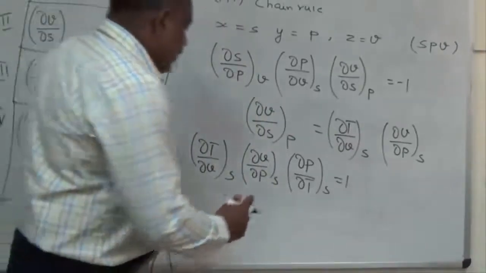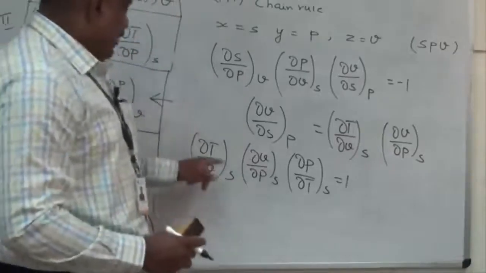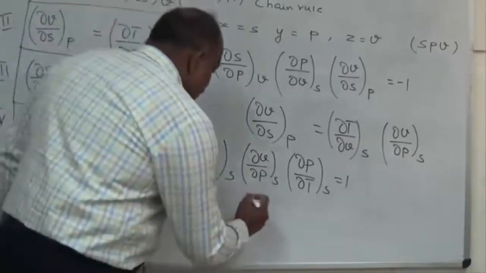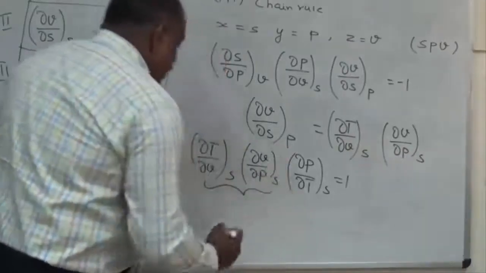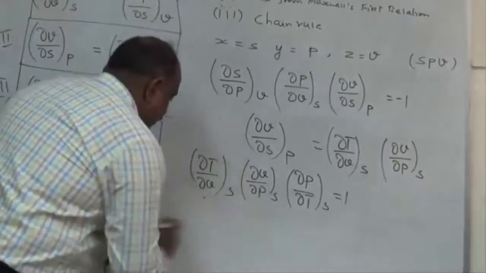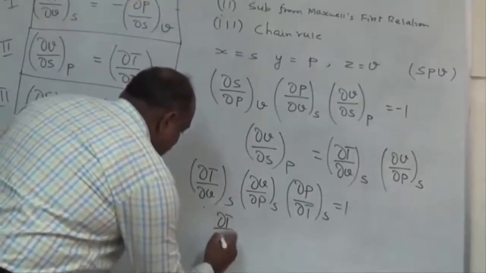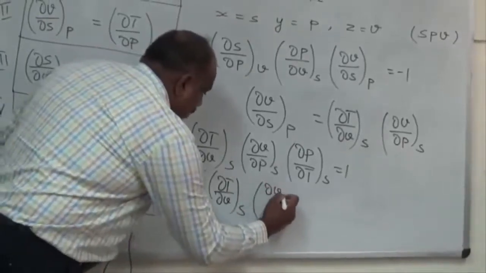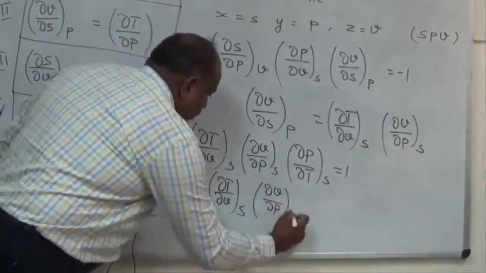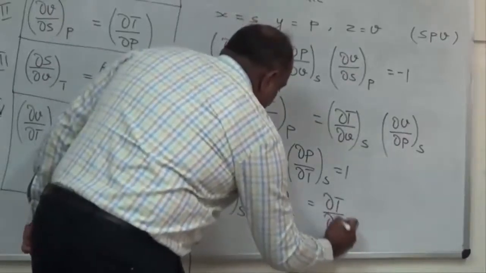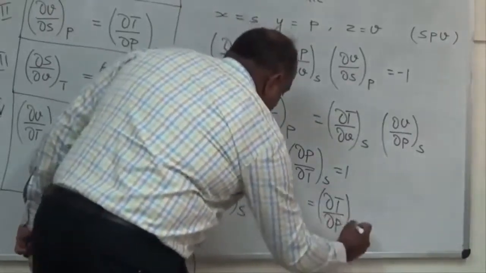Now from this, I want the value of ∂T/∂V at S into ∂V/∂P at S, which will be equal to ∂T/∂P at S.